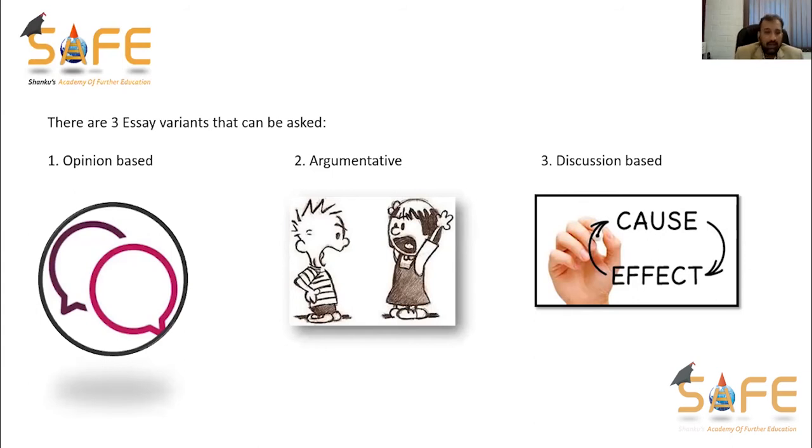For example, the essay where many people feel that children should focus more on subjects which are related to their careers, such as maths and science, and spend less time in learning subjects such as music and sports. Do you agree or disagree? Now, you can take this one way. You can take it the other way around if you know the positives of spending equal time in music and in sports.